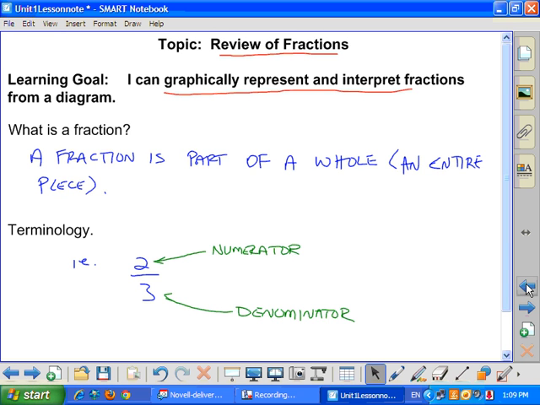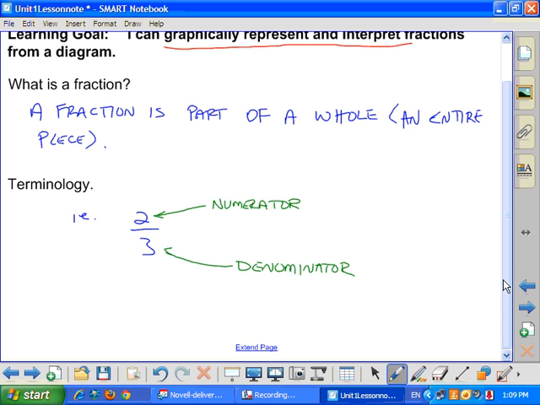So the denominator, I'm going to go back and add to this definition for you. It is the number of pieces the object has been cut into.